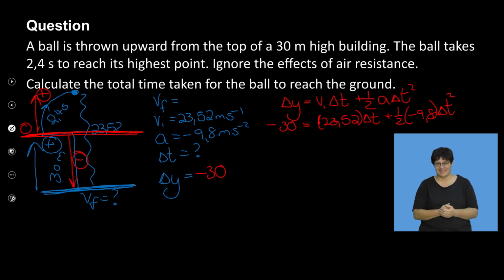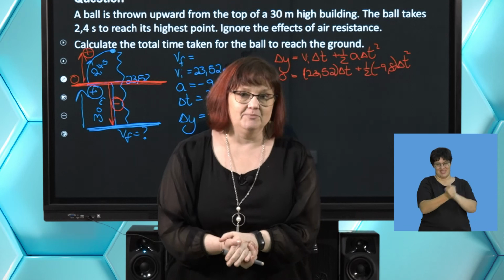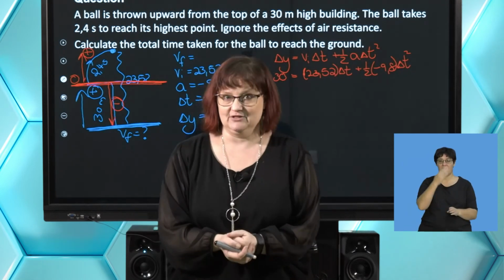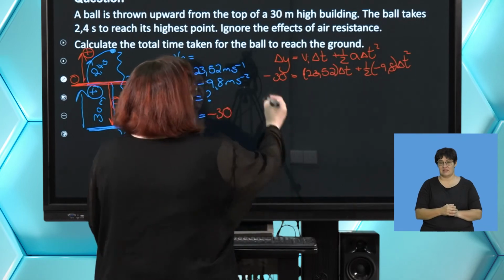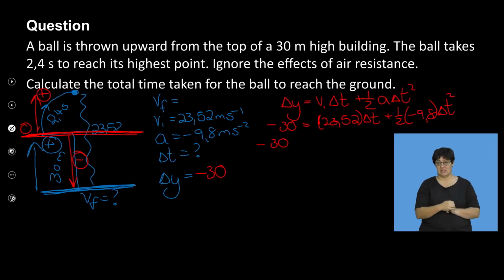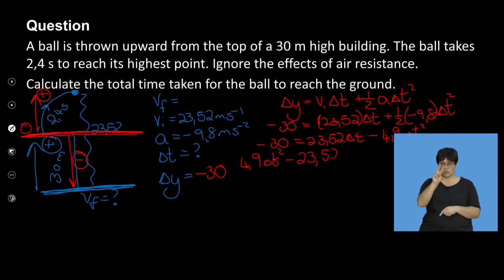No, it's not. This is remembering some stuff from maths. You're now going to have to use the quadratic equation. So we've got minus 30 equals 23.52 times delta T minus 4.9 times delta T squared. If I manipulate this, I get 4.9 delta T squared minus 23.52 times delta T minus 30 equals 0.